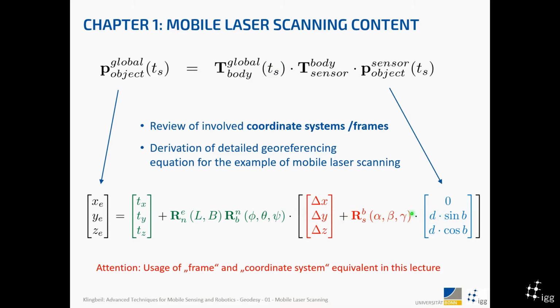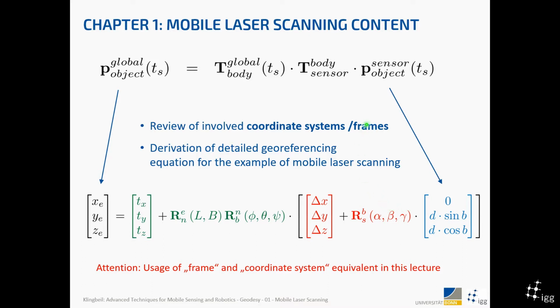While this was just a transformation without saying much about it, here we can very concretely see what this georeferencing equation, as it's called, looks like in detail in the situation of mobile laser scanning.